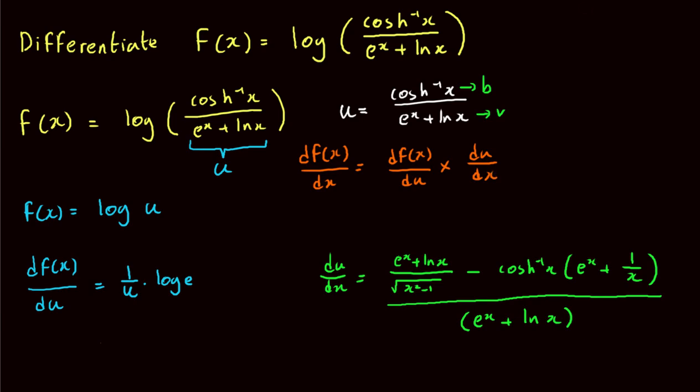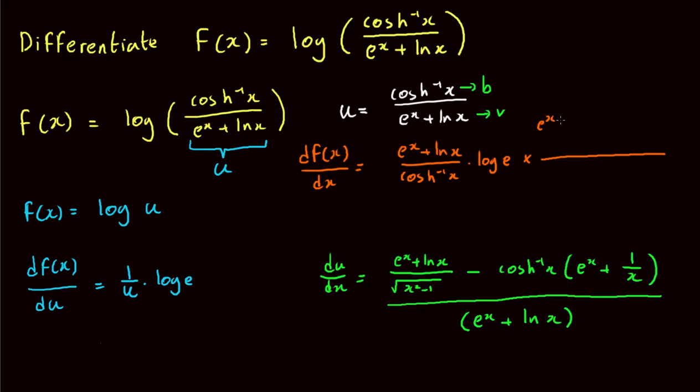That's the chain rule, and I'm going to have to erase that because we need some space. So that would be 1 over u. So it would be e to the power of x plus ln x over cosine hyperbolic inverse x times the log to the base e, multiplied with this very bizarrely long function.